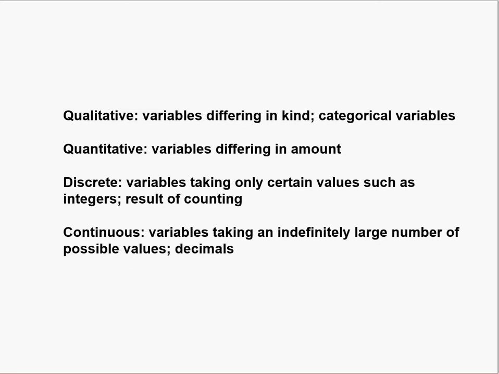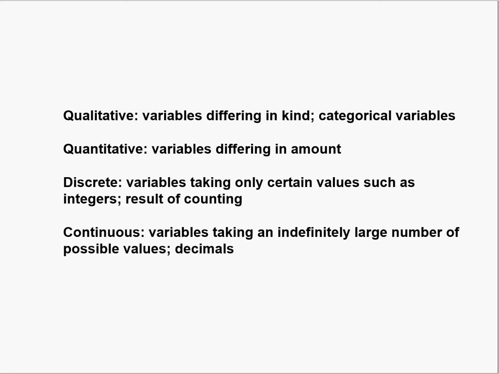Then we have continuous variables. A continuous variable can take an infinitely large number of possible values. You can take 1.7, 1.71, you can take 1.752969. So a sign of a continuous variable is that it can take decimal places.